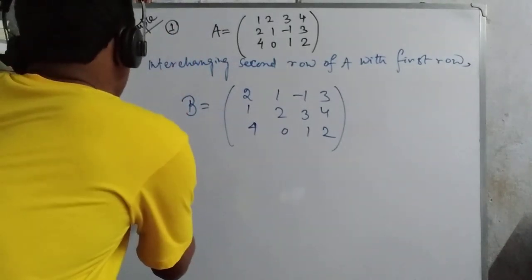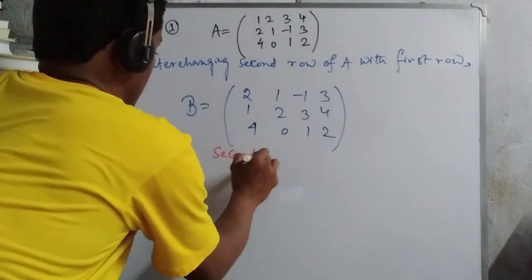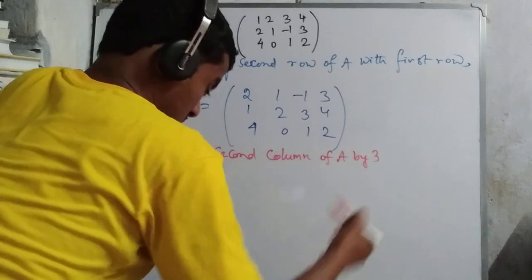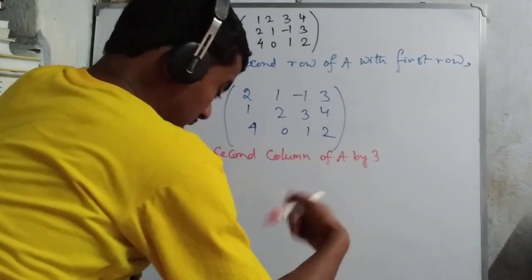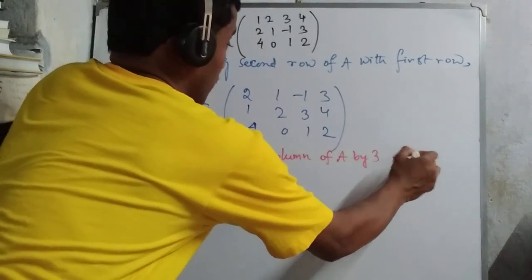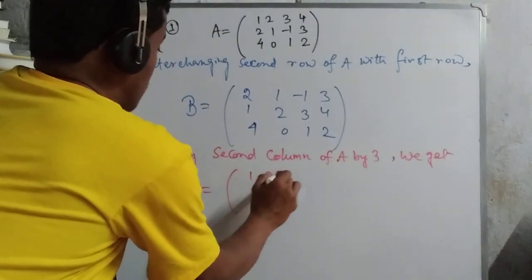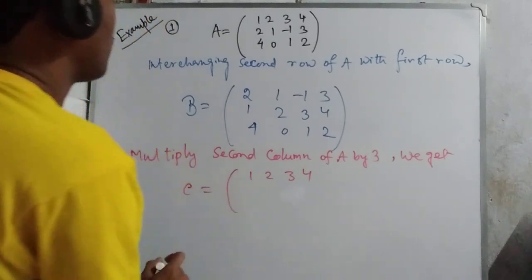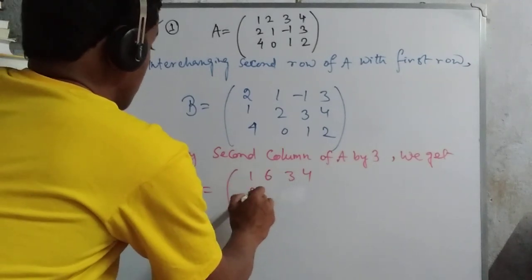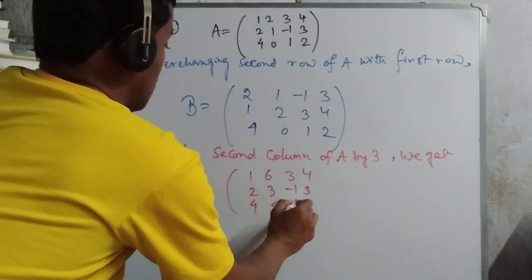We get C equal to 1, 6, 3, 4; 2, 3, minus 1, 3; 4, 0, 1, 2.